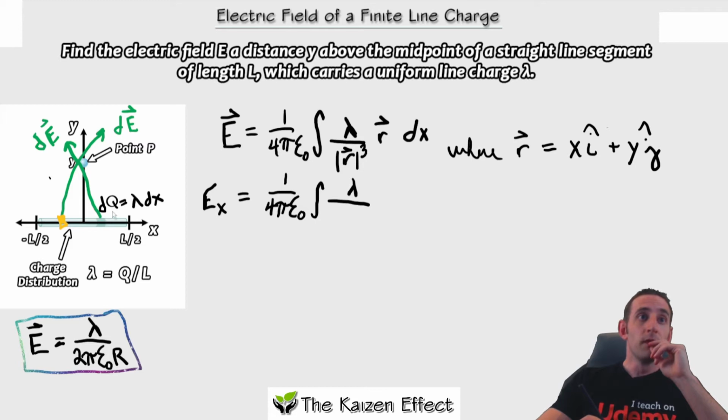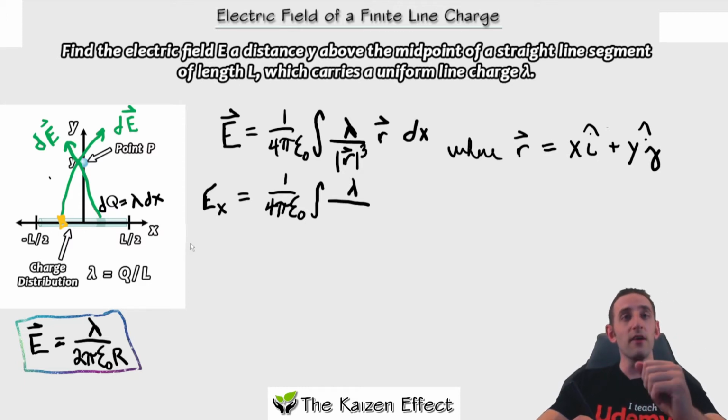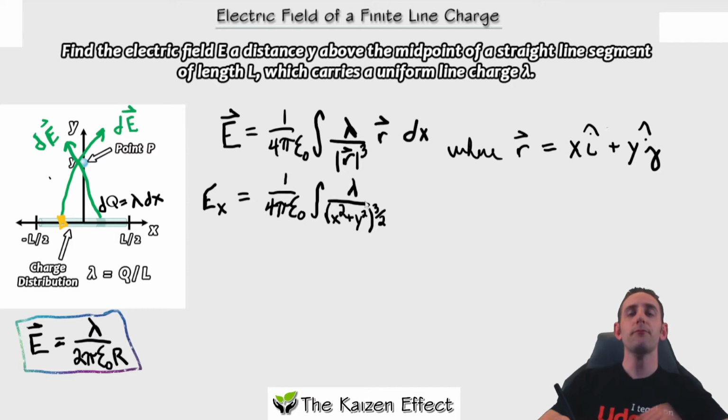Well, this guy is going to be out a distance x. It's going to have a distance y. So if we want the r component, well, that's just the square root of x squared plus y squared, right? Pythagorean theorem, baby. So what we end up with is, I'm going to use parentheses, x squared plus y squared, and all that is going to be to the 3/2.